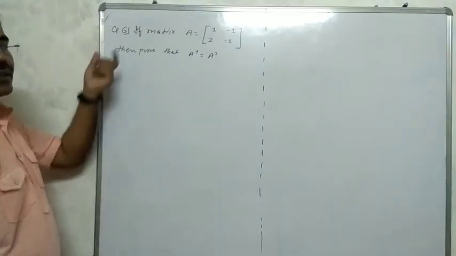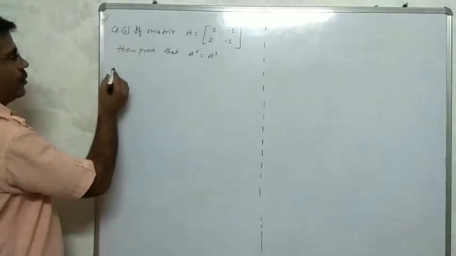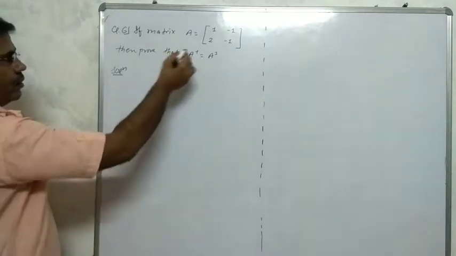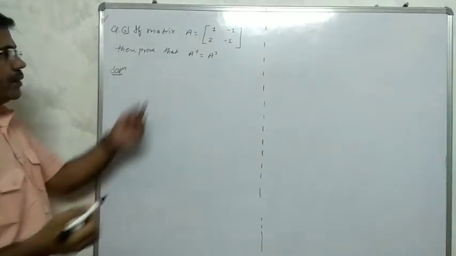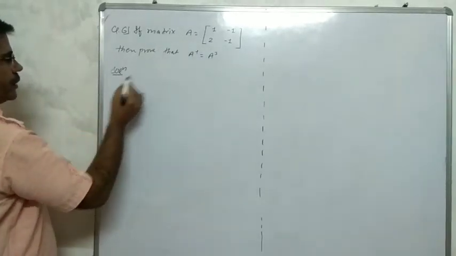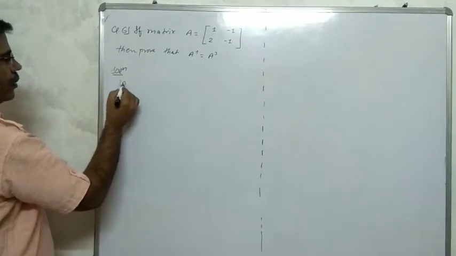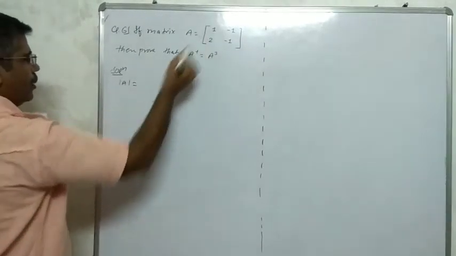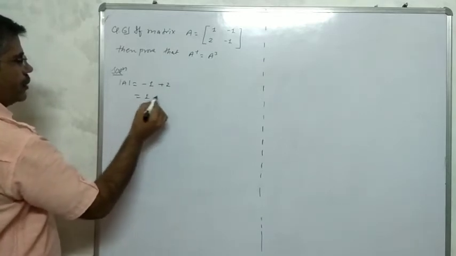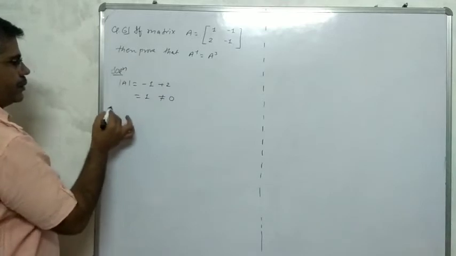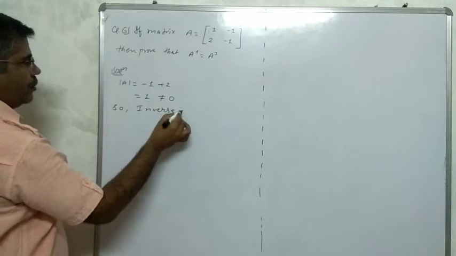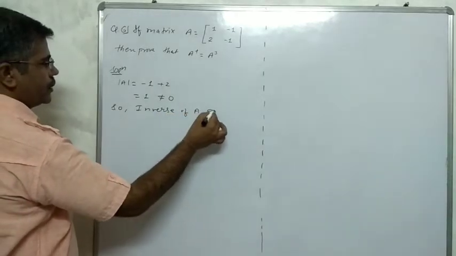Next question 6. We first find A inverse. So we find the value of this matrix: minus 1 plus 2, that is 1, not equals to 0. So inverse of A exists.